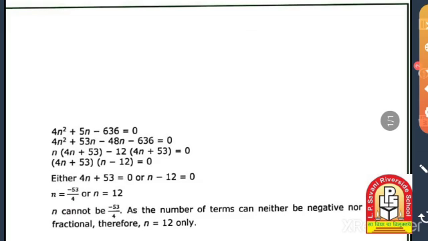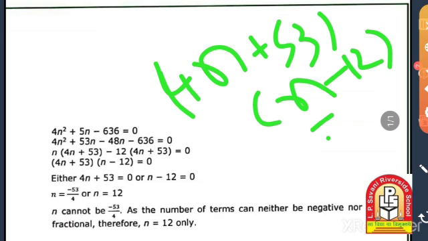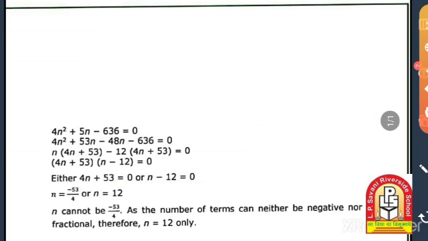So 4n plus 53 is common, and then n minus 12 is equal to 0. So 4n plus 53 in the bracket n minus 12. So n is equal to minus 53 upon 4, and n is equal to 12 over here.